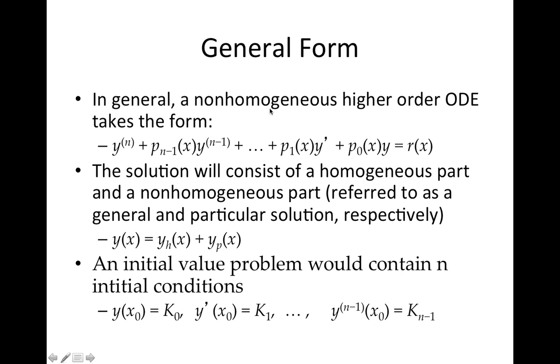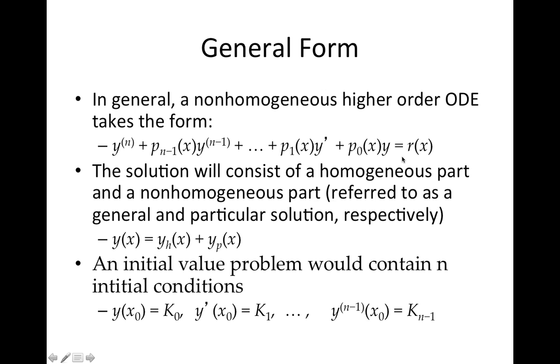In general, an inhomogeneous higher order differential equation takes the form where we have a term on the right hand side that's a function of x. And in that case, we have a solution that consists of a homogeneous part and a non-homogeneous part. The homogeneous part is the solution to the homogeneous differential equation.